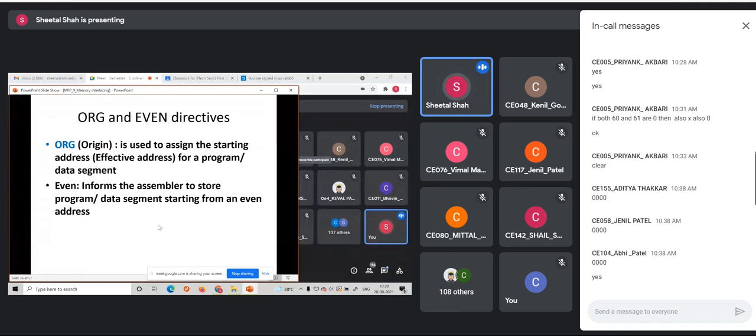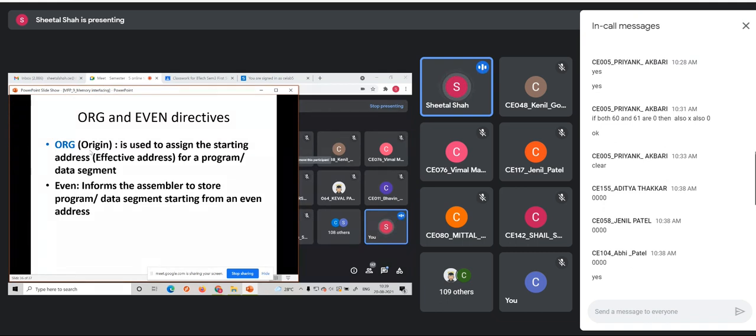Now, if we want to change the default segment address to some other value, I can use this ORG. ORG stands for origin. It is used to assign the starting address for a program or data segment. Suppose I first write data segment, then ORG 300.